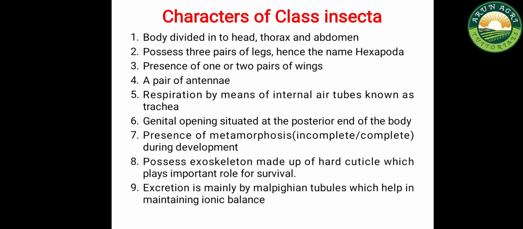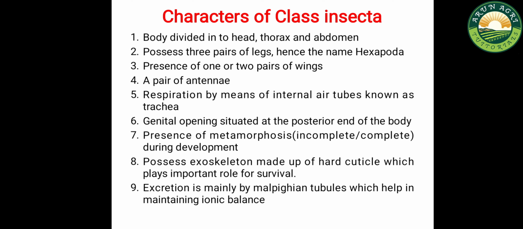Incomplete metamorphosis means there is no pupa, and you can see only egg, nymphs, and adult. In complete metamorphosis, you can see all 4 stages: egg, larva, pupa, and then adult. The larva of Coleoptera is called a grub, the larva of Lepidoptera is called a caterpillar, and the larva of flies like Diptera is called a maggot. So it is going to vary from one order to another.